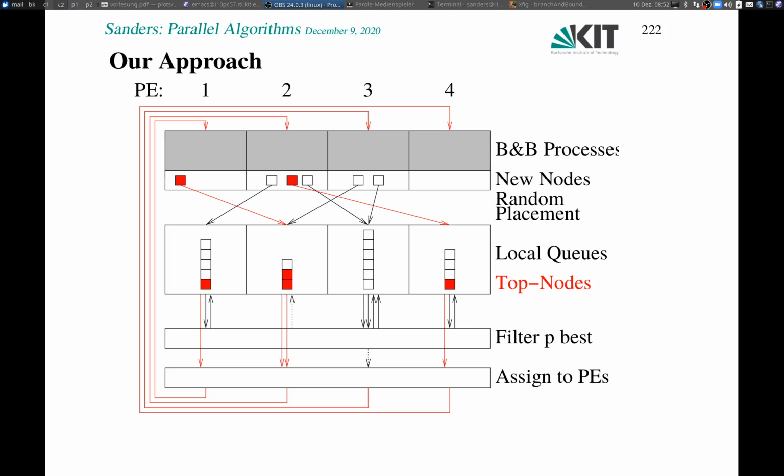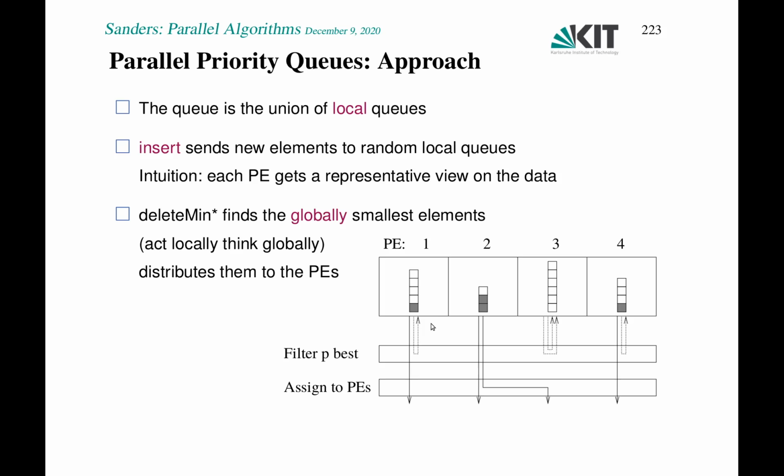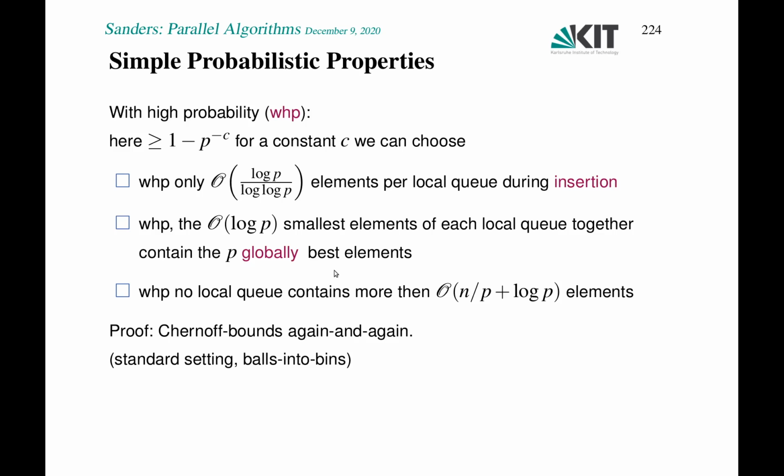It's not a precise thing, but the idea is to use a global collective operation to make this precise. Yes, that's what we have extracted here from this branch and bound approach.